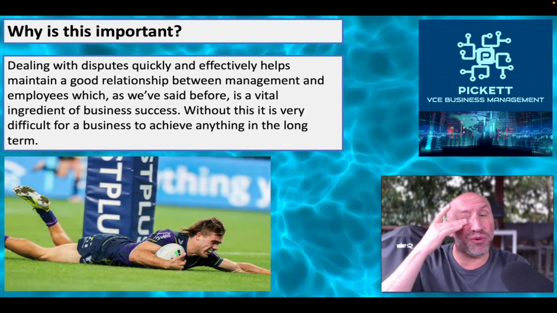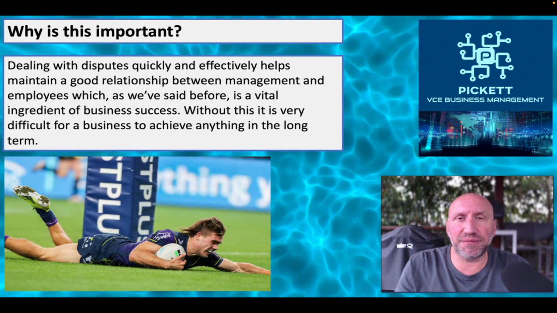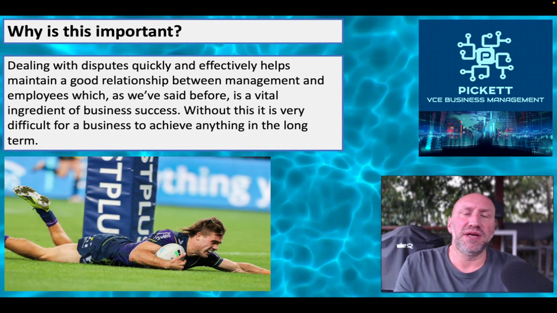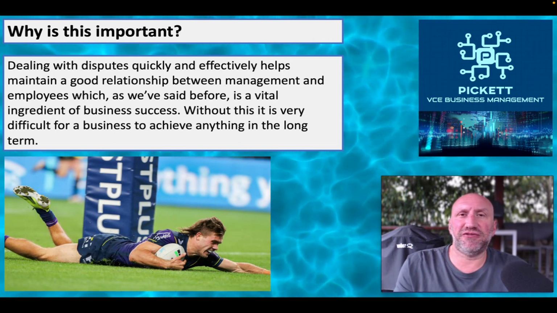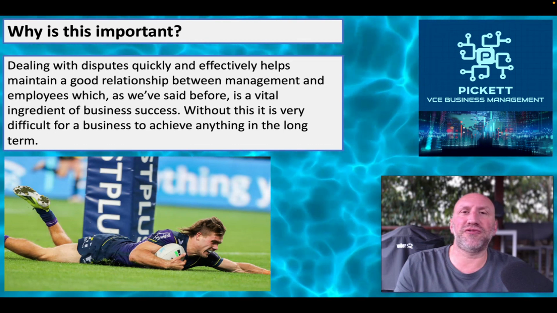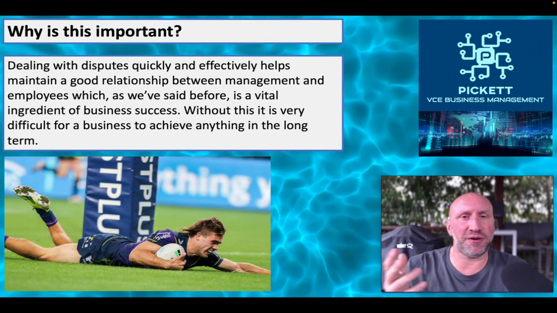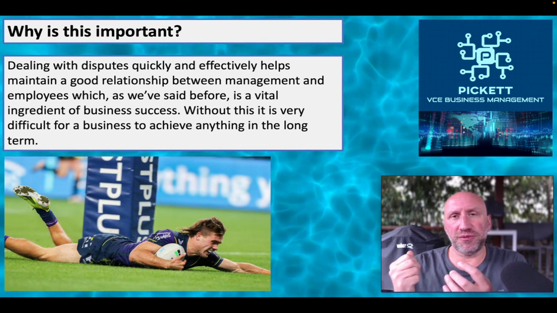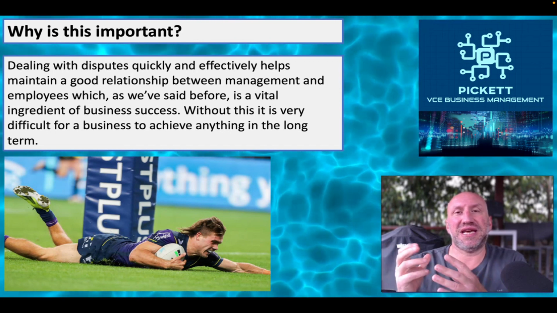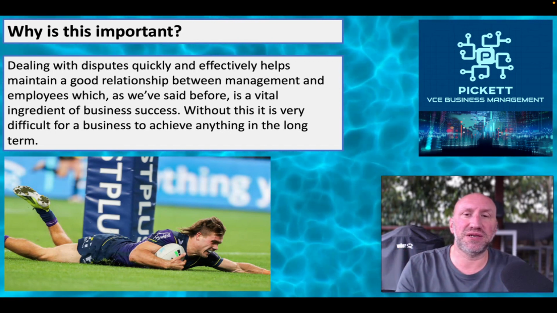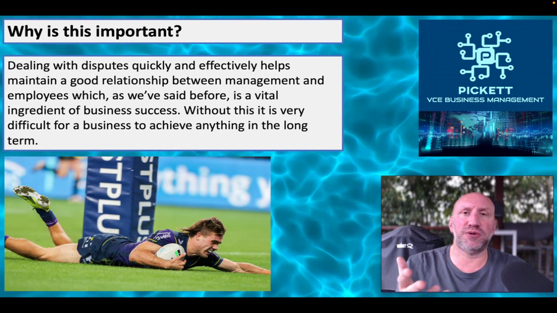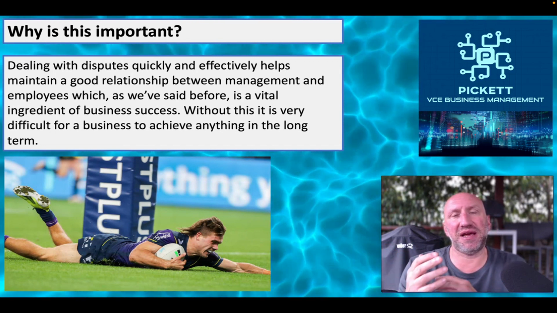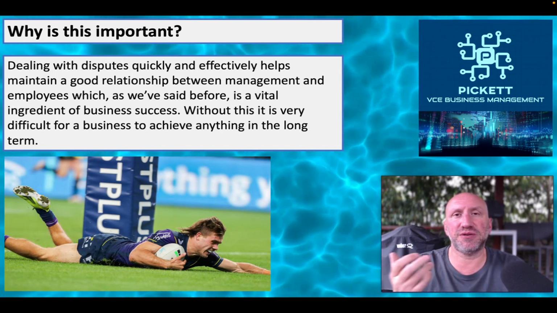So why is this important? Why do we need to have these steps in place in our business? The whole point is to deal with issues as quickly and effectively as possible. If we've got any complaints or dramas going on that are going to cause tension or stress within the workplace, that's not a good thing for the relationship between management and employees. And that is an absolutely essential ingredient to business success.